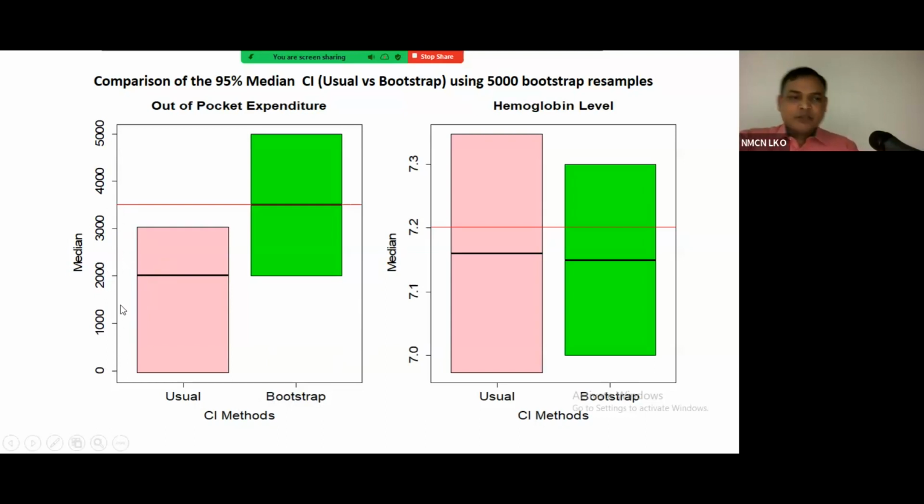So here on the y-axis, we have taken the population median, and the red line shows the population median. In the second case, hemoglobin level, where the sampling distribution converges towards the normal distribution, it shows that both methods, either the usual method or the bootstrap method, are almost similar. There is not very much difference.